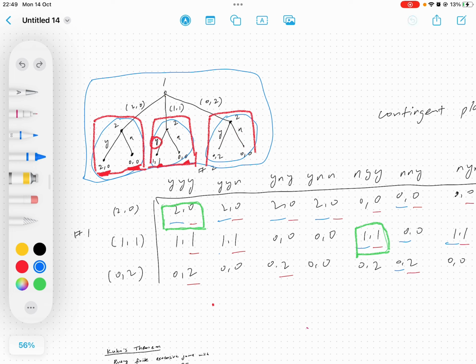All right, so that's the example we used for illustrating the idea or the intuition of backward induction in finding the subgame perfect equilibrium, which is just some examples for Kuhn's theorem.